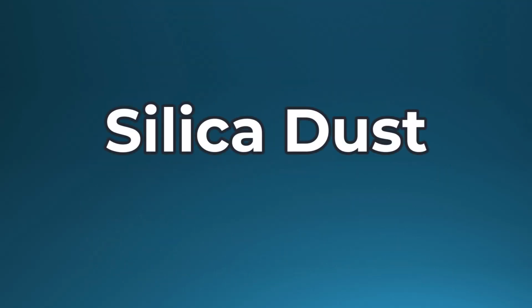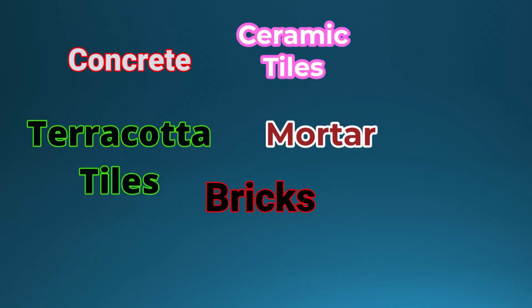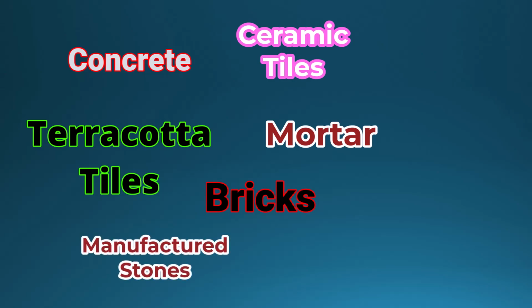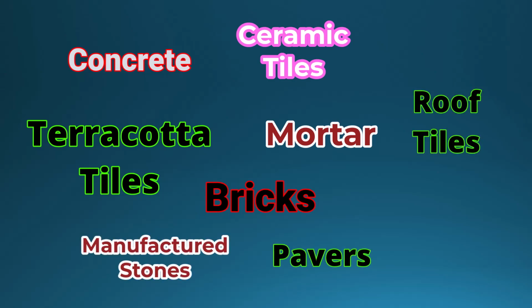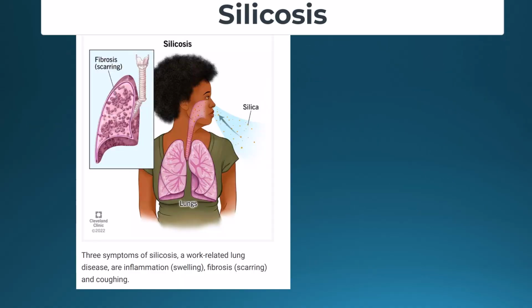The health effects of silica dust. Silica dust comes from many sources, including concrete, mortar, bricks, ceramic, and terracotta tiles. Manufactured stones such as pavers, roof tiles, grouts, and joint compounds. Inhaling crystalline silica dust is a serious health hazard.